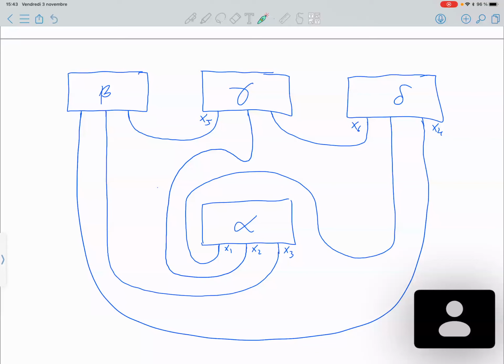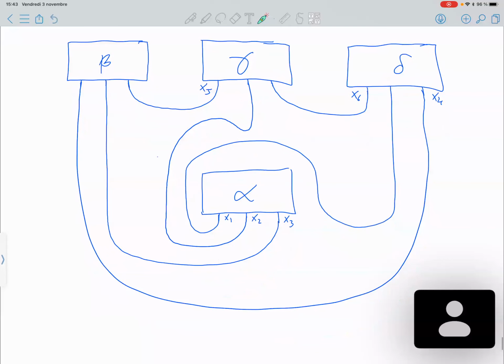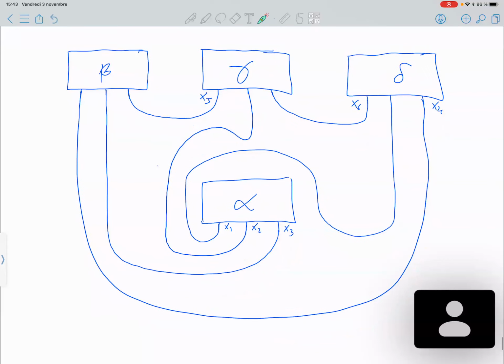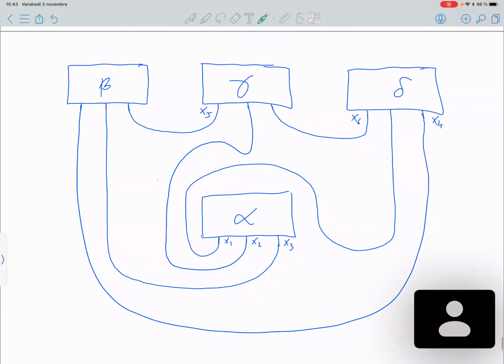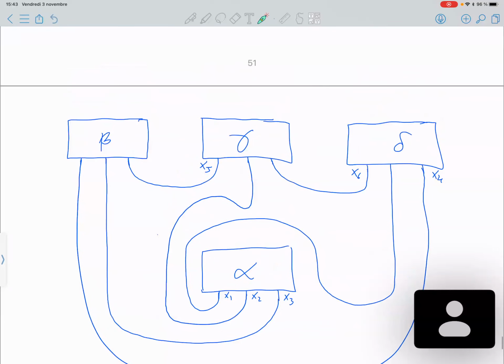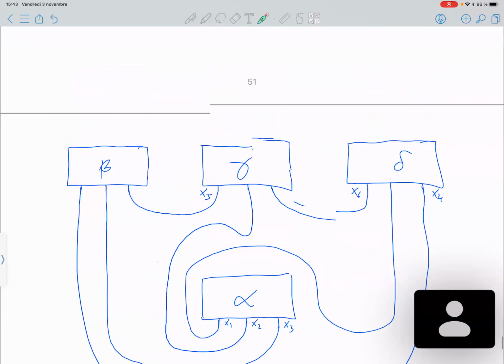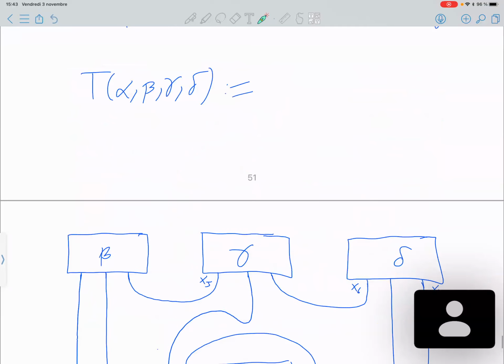So, up to applying this natural transformation, we recover this A4 symmetry at the monoidal level, which is very convenient.